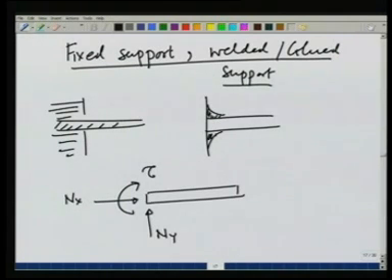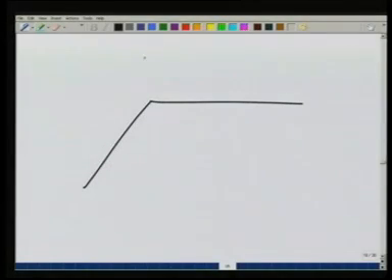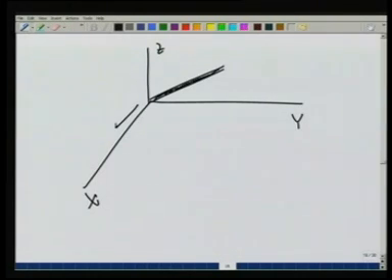The 3-dimensional generalization of this is going to be again a beam either fixed in a wall or something which is glued or welded at its corners, but now it can provide, given x, y and z directions, and suppose this is the fixed support, it can provide a force in x direction, it can provide a force in y direction, and in addition it can provide a force in z direction.